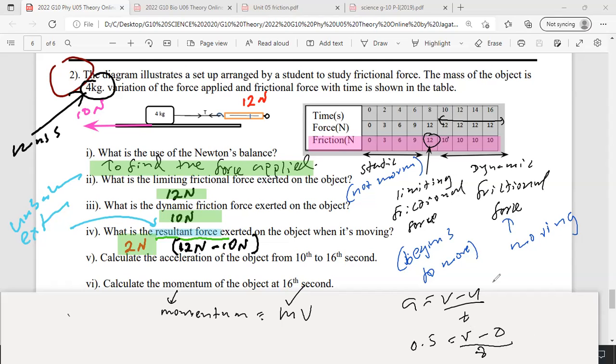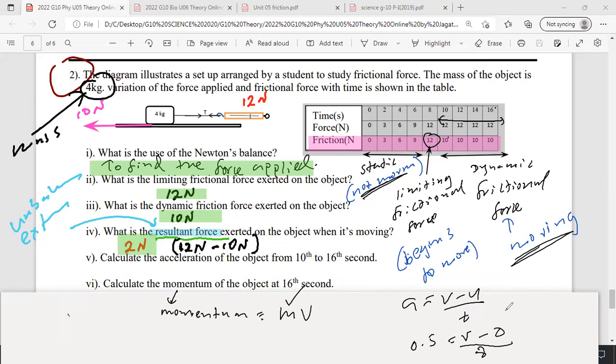Then what is the velocity at 16 seconds? It has been moving from 8 seconds to 16, a total of 8 seconds. Until the 12th second the limiting frictional force is there and it is not moving, so it is moving in this part, the double headed arrow, from the 12th second to the 16th second.